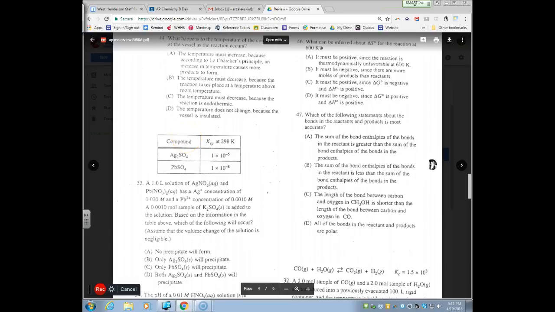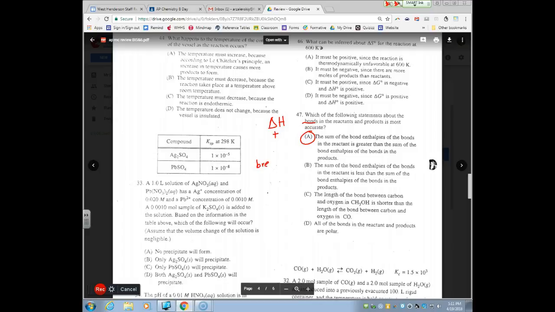Okay, if we look at number 47, which is still related to the same thing, the correct answer for 47 is A. Here we're talking about the bonds. So when you see something about bond enthalpies or bond energies, we're talking breaking minus making. For delta H to be positive, that means more energy had to go into breaking the bonds.